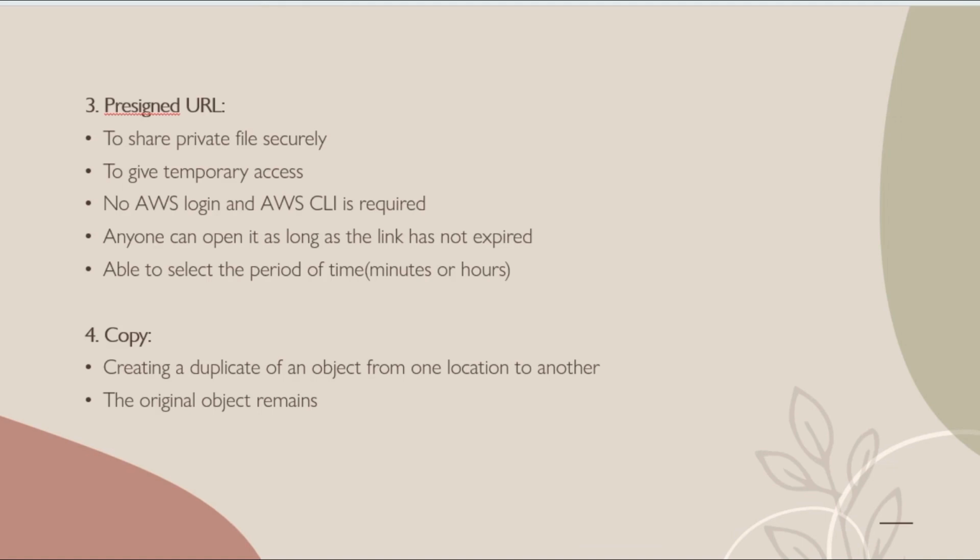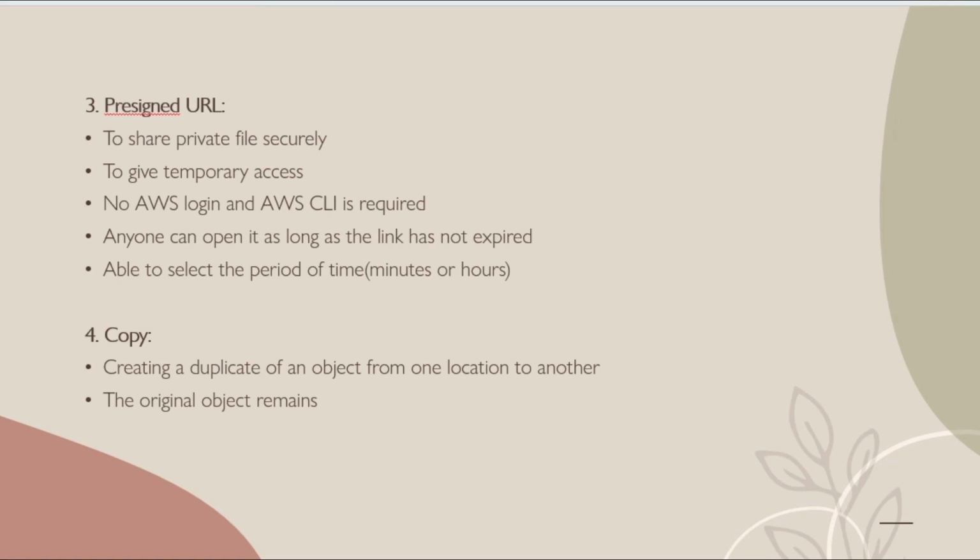Third one is pre-signed URL. Pre-signed URL is a temporary URL, which allows only authorized people to access the S3 object. Those authorized people don't need to have any AWS credentials. Only the person who created the pre-signed URL needs the AWS permission, and anyone who received the link can use it until the link expires.